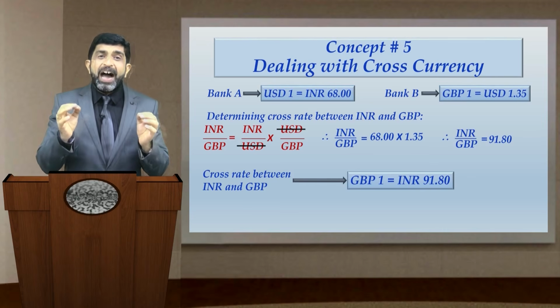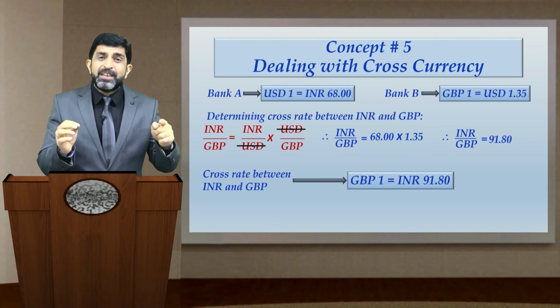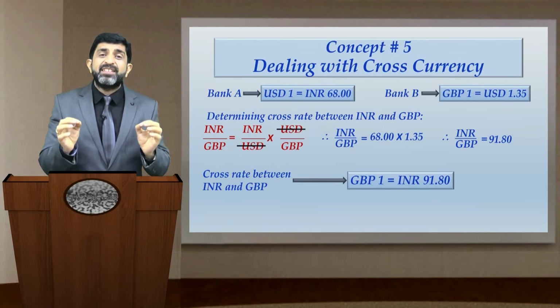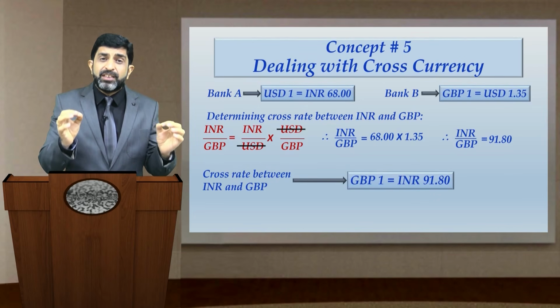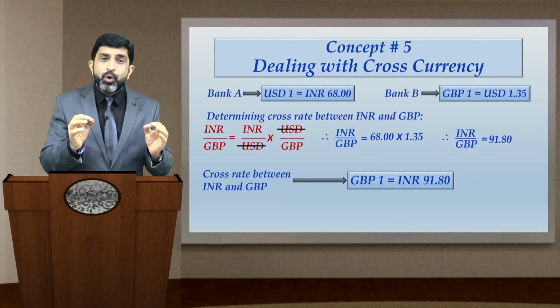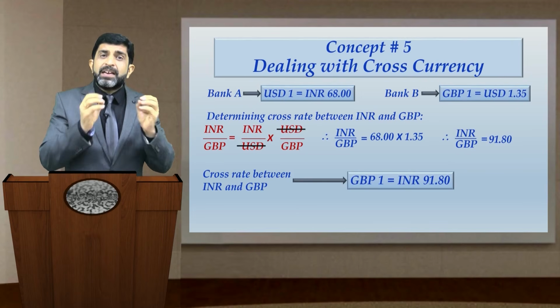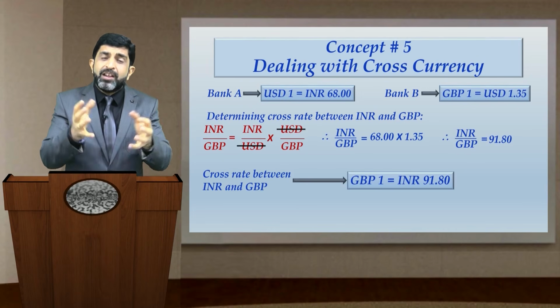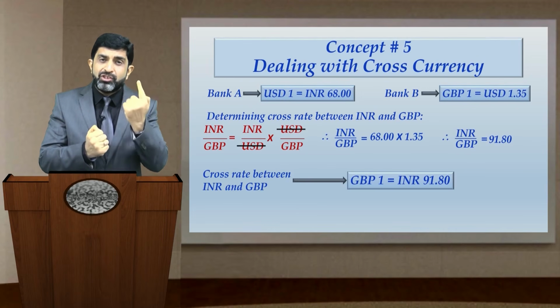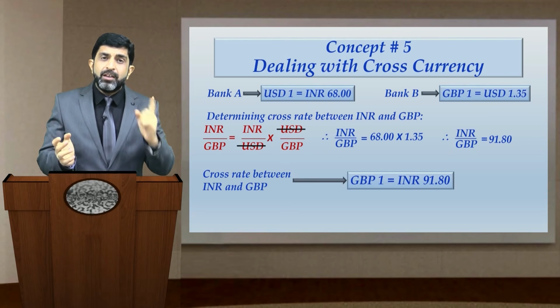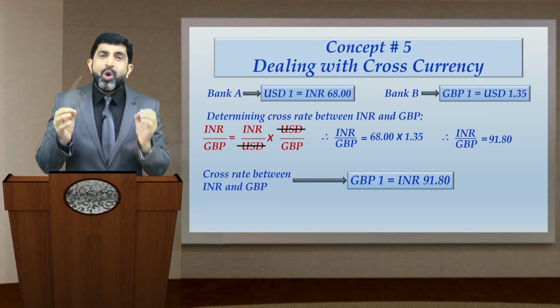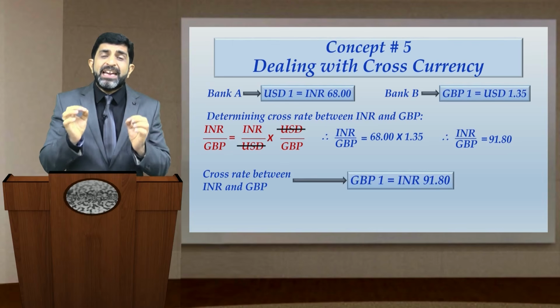So finally, I would pay 1.35 into 68, that is 91.80 Indian rupees to get 1.35 US dollar, then go to bank B, give them 1.35 US dollar and finally get 1 GBP. So look into one thing. To obtain 1 GBP, we had to pay from our pocket Indian rupees 91.80.